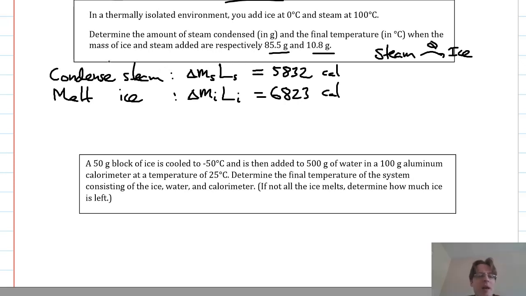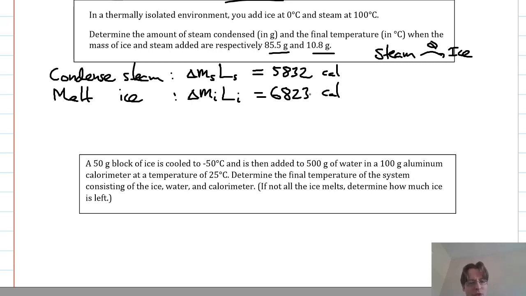That means, imagine what happens here. Suppose all this heat leaves the steam and goes into the ice. It is not enough to melt all of the ice. So all the steam condenses. You now have hot water. You have 100-degree water in combination with some 0-degree ice water. You're roughly 1,000 calories shy of enough heat to completely melt the ice.